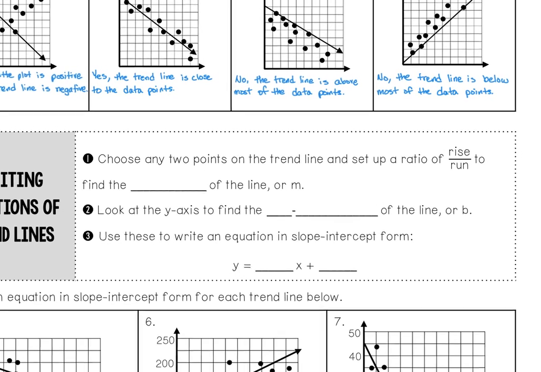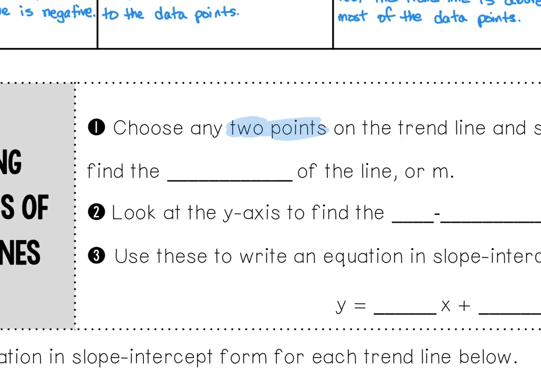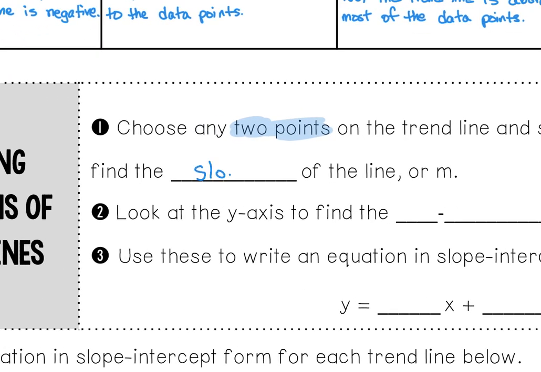Okay, now when we're writing an equation, and we've done this before, we're just relating it now to scatter plots, we're going to choose how many points? That's right, 2 points on the trend line and set the ratio as rise over run. Why do we do rise over run? What are we finding? Good, the slope of the line, or m.